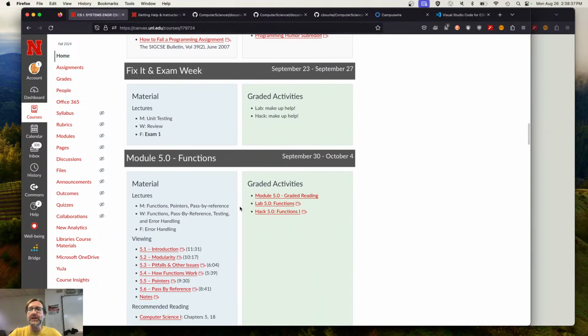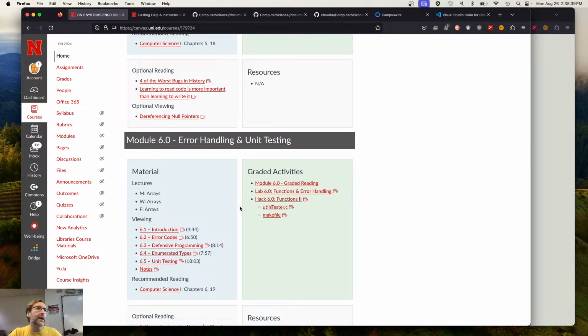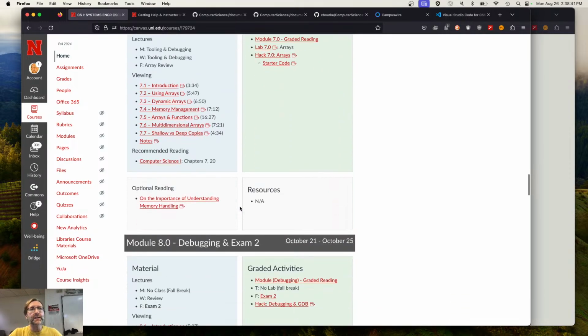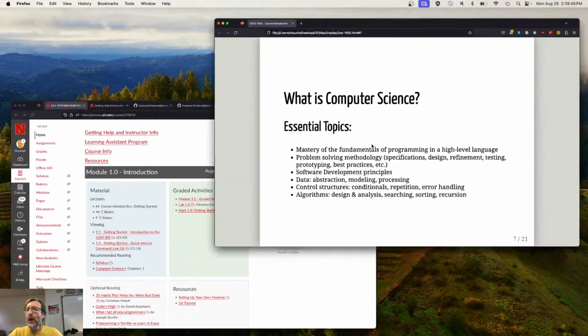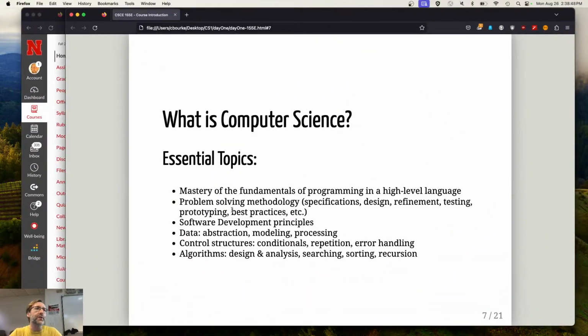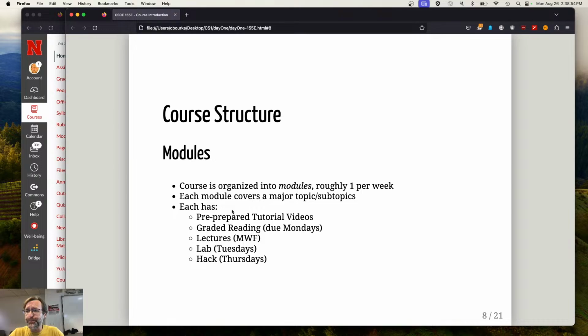Then there's our first exam, functions, error handling and unit testing, arrays, etc., etc. So it's organized like a typical CS1 course, but these are the essential topics, not in any particular order here. This is from the official listing for this course. As we just previewed there, everything is broken down into modules. Each major topic has roughly one module per week.